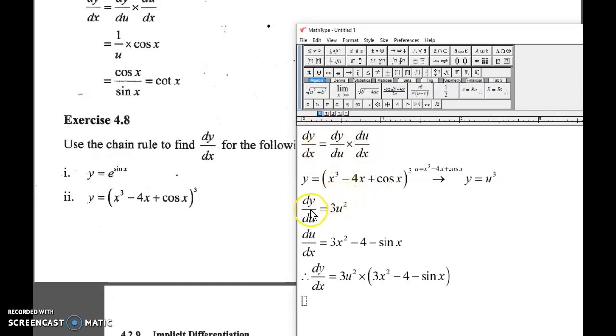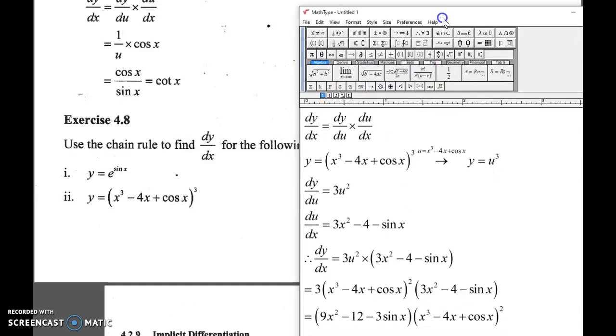We have dy over du, which is 3u squared, times du over dx, which is this. Next we expand u, which is this. So this is what we get when we input the function of u again. You can leave the answer like this, or you can also multiply this constant with this function to get this. So that is for this one.